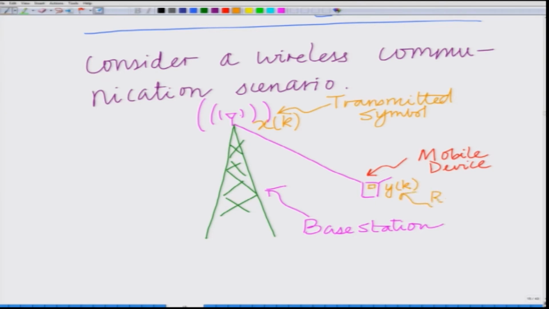This is your received symbol, and we have a channel h. This denotes the wireless channel coefficient.